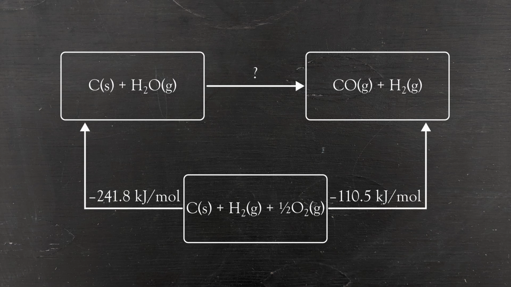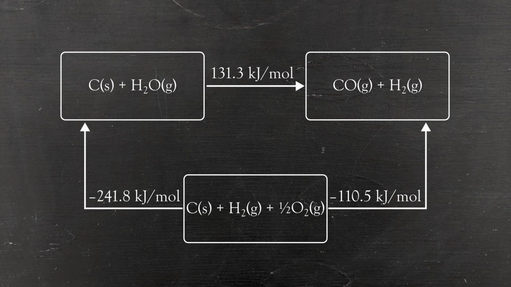We can then subtract the 110.5 kilojoules per mole, which is the energy released when we form carbon monoxide, and determine that the energy change when we form syngas is 131.3 kilojoules per mole. It is an endothermic reaction, so it absorbs that 131.3 kilojoules per mole.